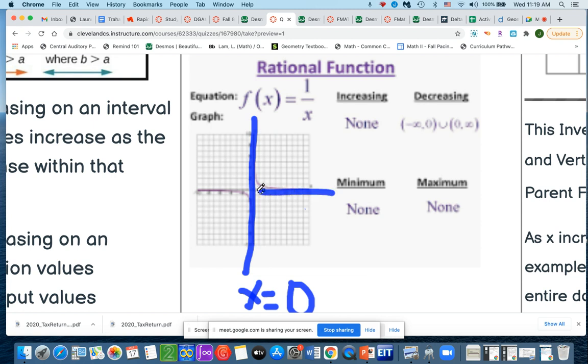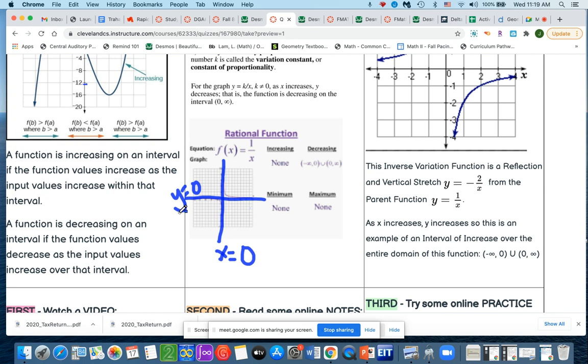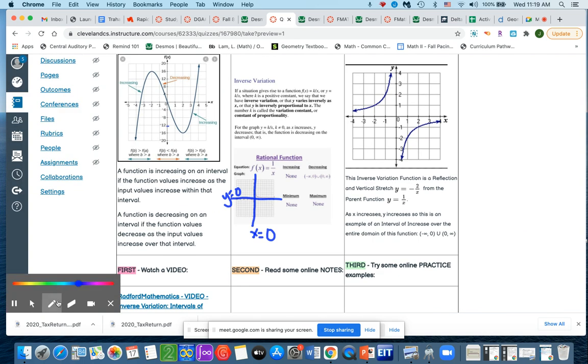And then the horizontal axis here, which the equation for that is y equals 0 because it crosses 0 on the y-axis there, is the horizontal asymptote. So once again, that is the horizontal line that your branches look like they are touching, but they're not.